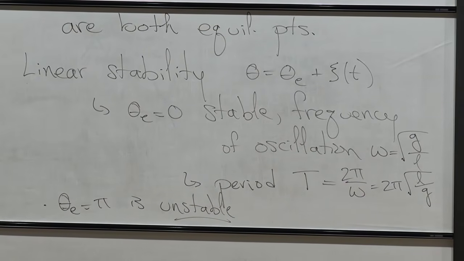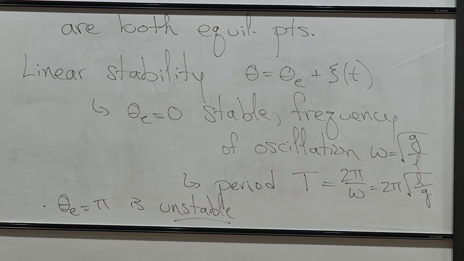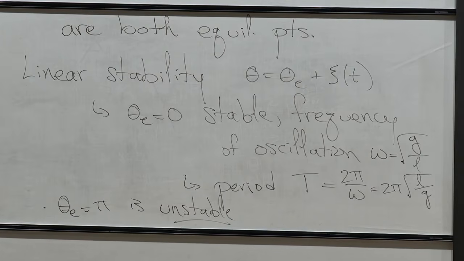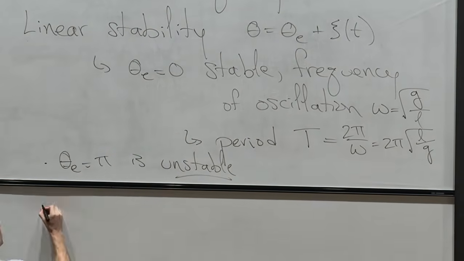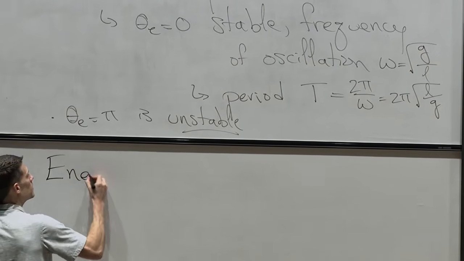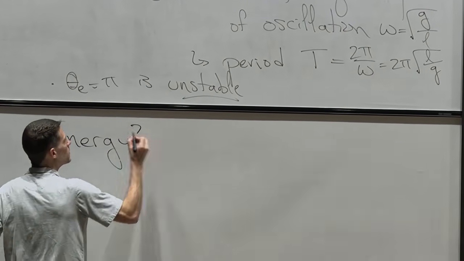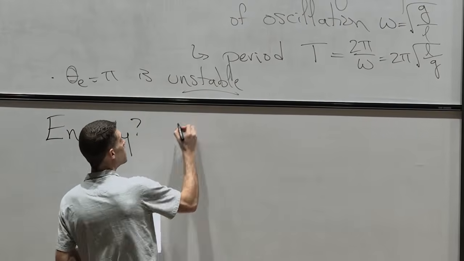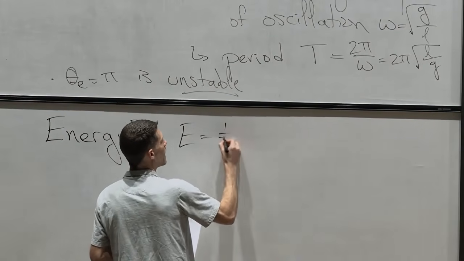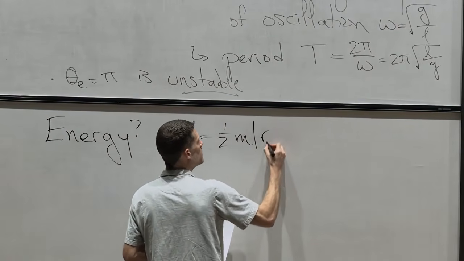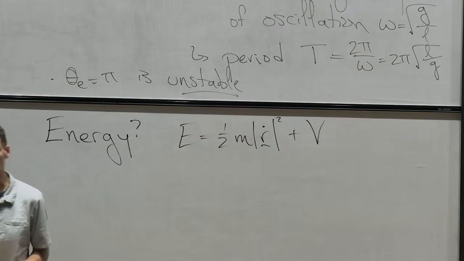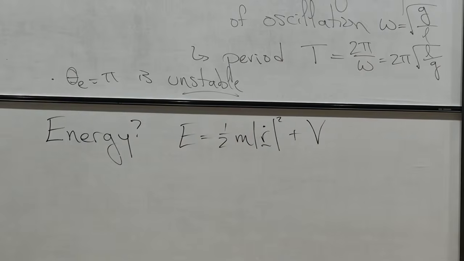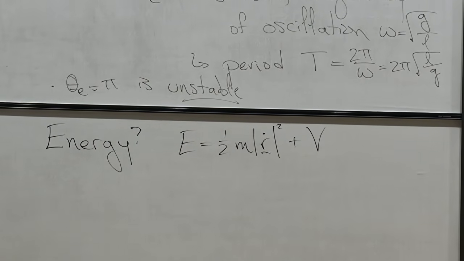Let's talk about energy in this context. Find a better pen. So E equals 1/2 m r dot squared. We argued last time that a constraint like that does not do any work, so it doesn't impact our energy.